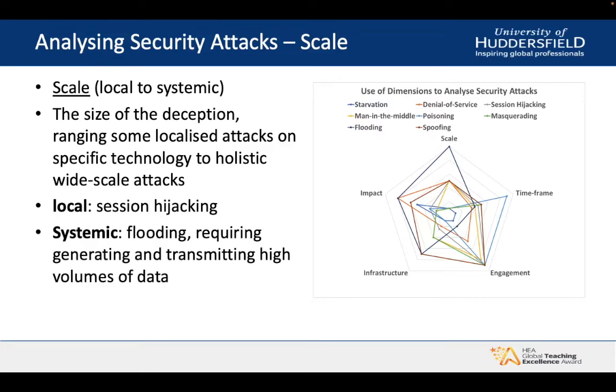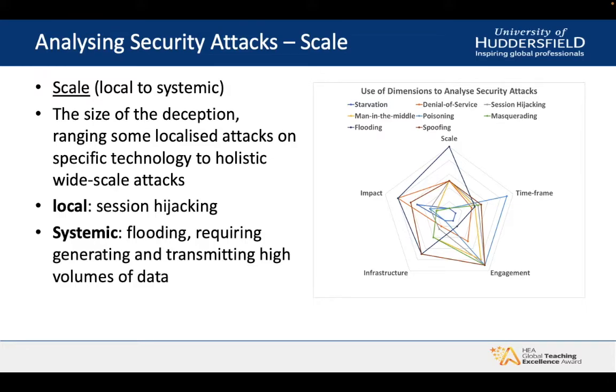So then to the scale, which is closely linked, we've got attacks which could be local or systemic. There's an overlap here between what's the involvement of the infrastructure and also the scale, really. But scale, we're looking at the size of the actual attack, right?